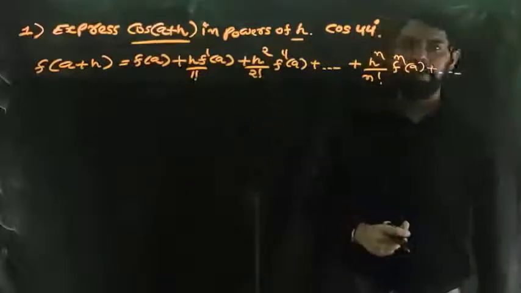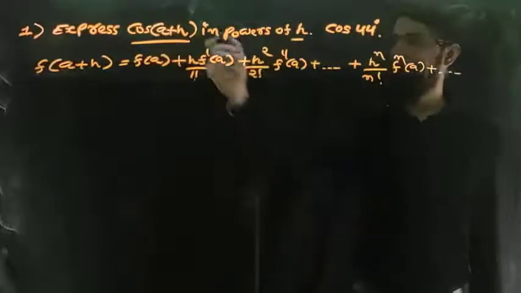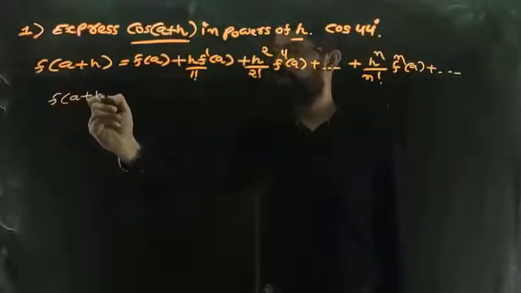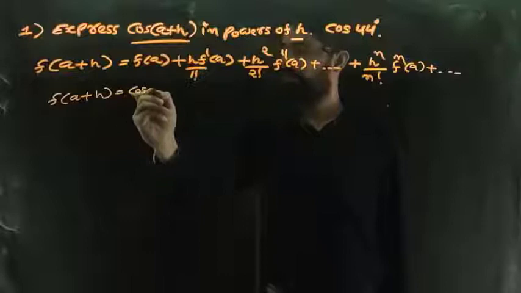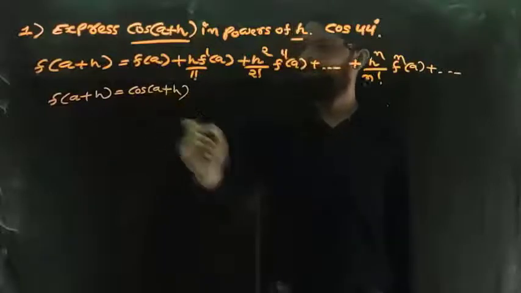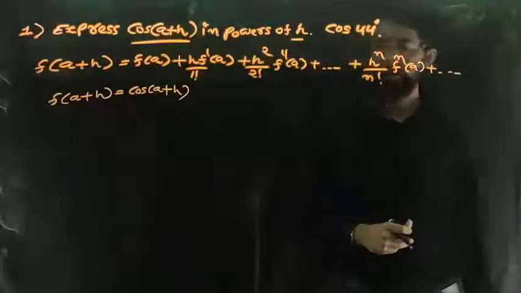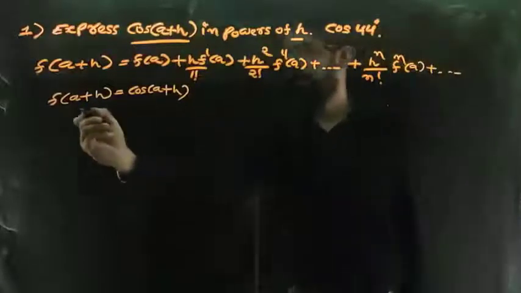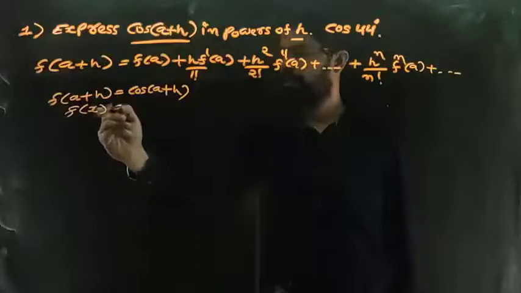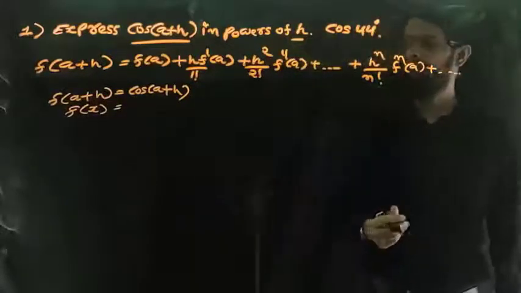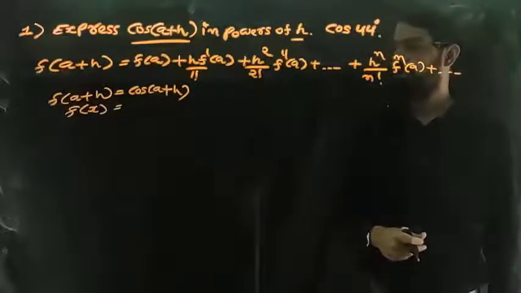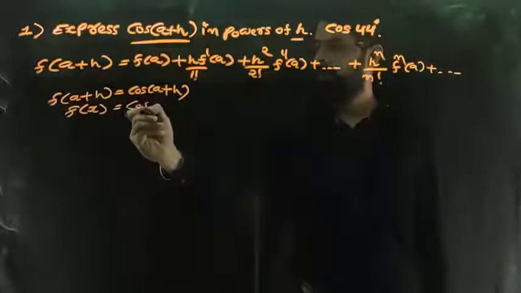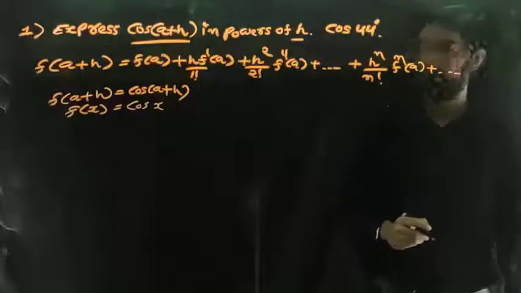Here, as you can see, the given function is a plus h, so f(a + h) = cos(a + h). Now we will have to find f(x). For that, replacing a plus h by x, f(x) will be cos x.